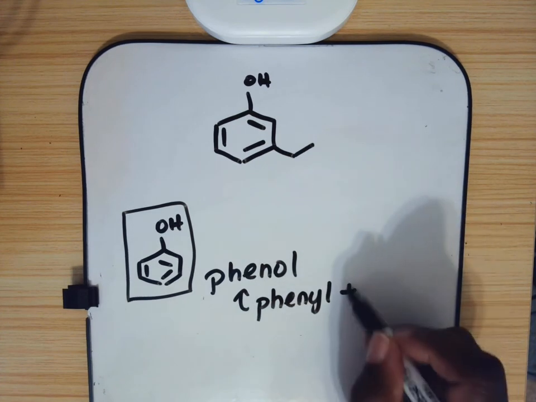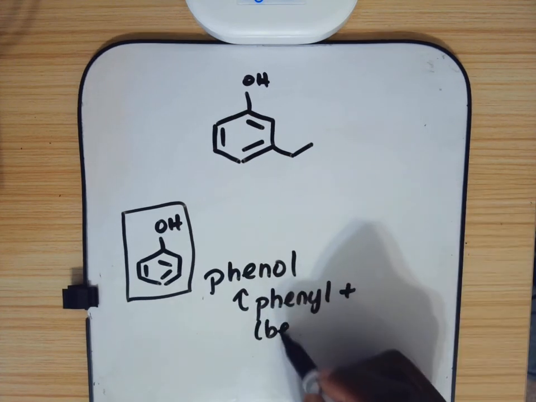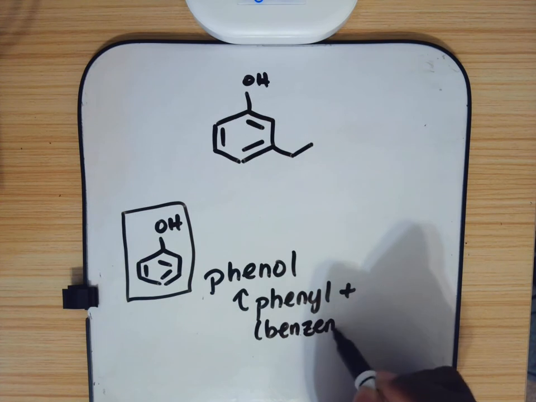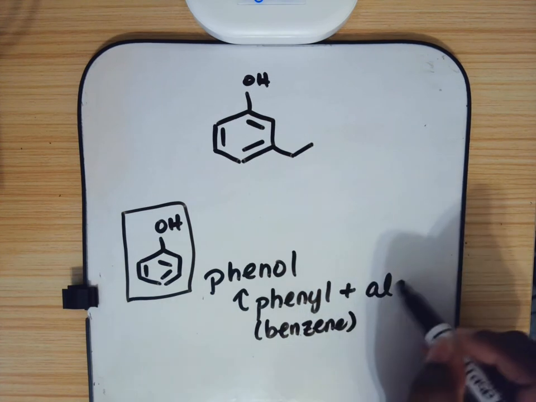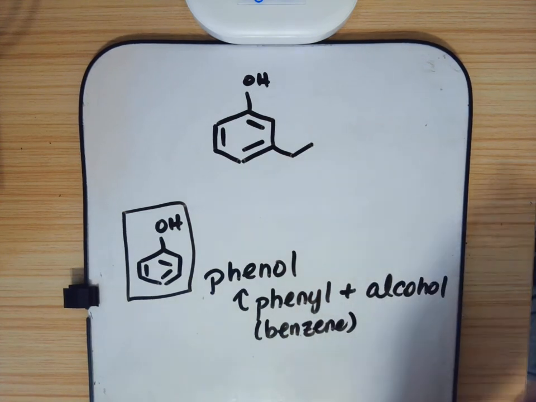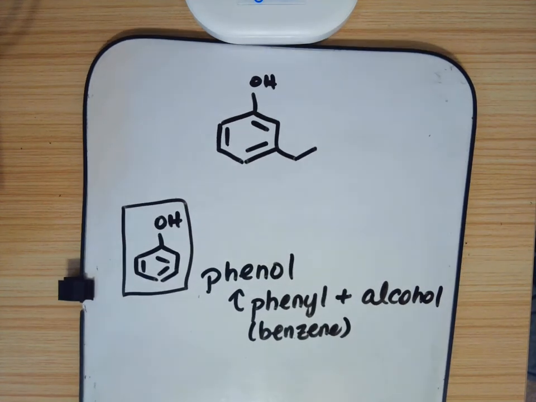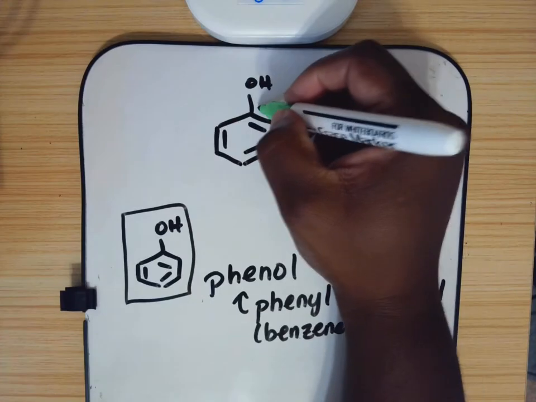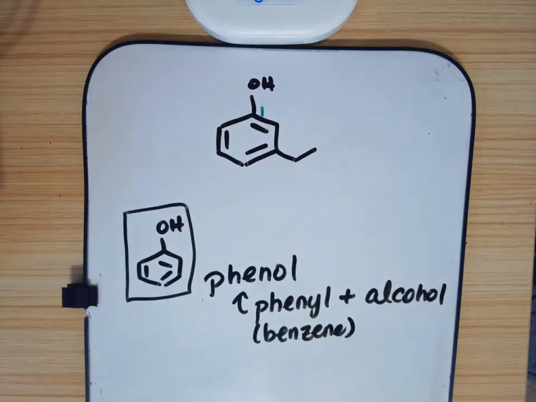We're combining the phenyl group, which of course was our benzene or our aromatic, with the alcohol to get the phenol. So when naming phenols, just as we saw with naming alcohols that are present in a ring, because the ring could have a carbon at any position to be carbon number 1, with the presence of that hydroxyl group, that automatically assigns that carbon as carbon 1.